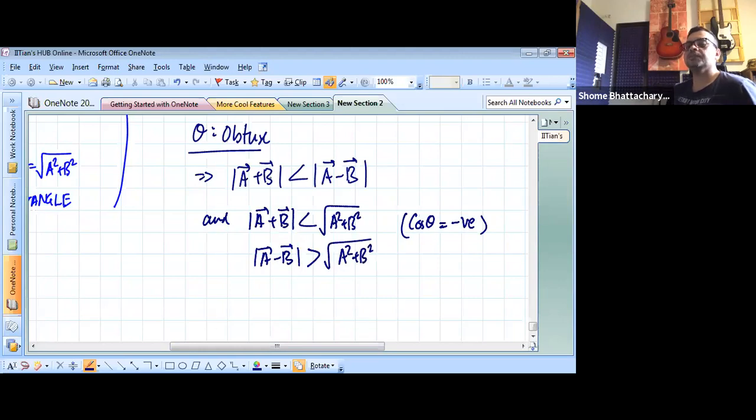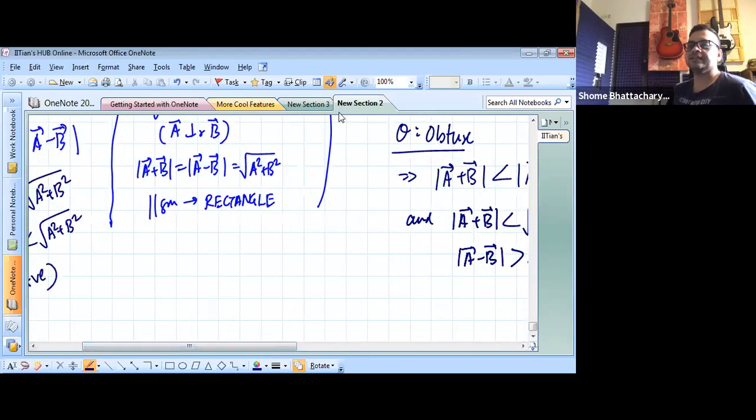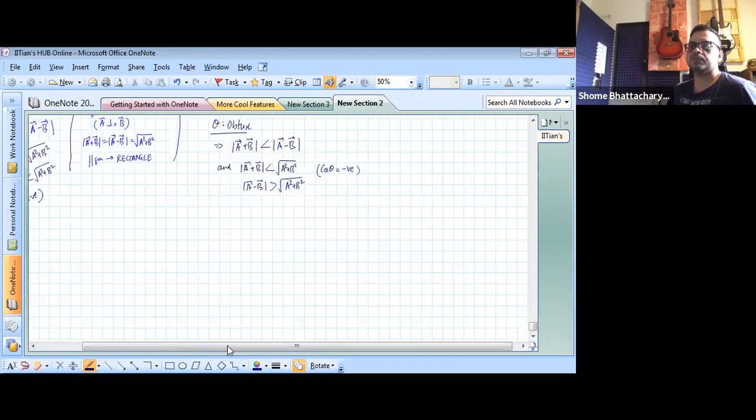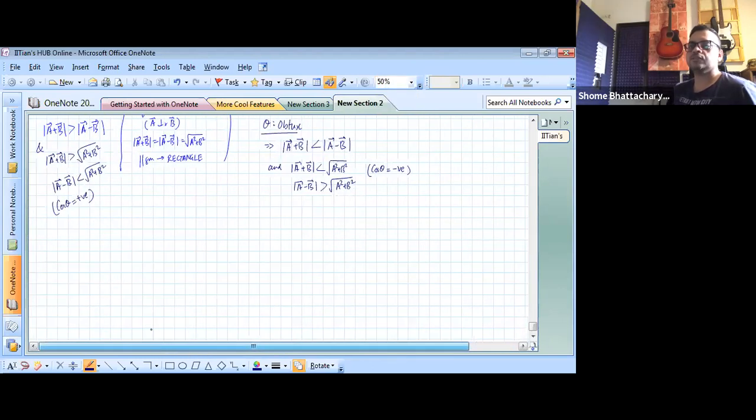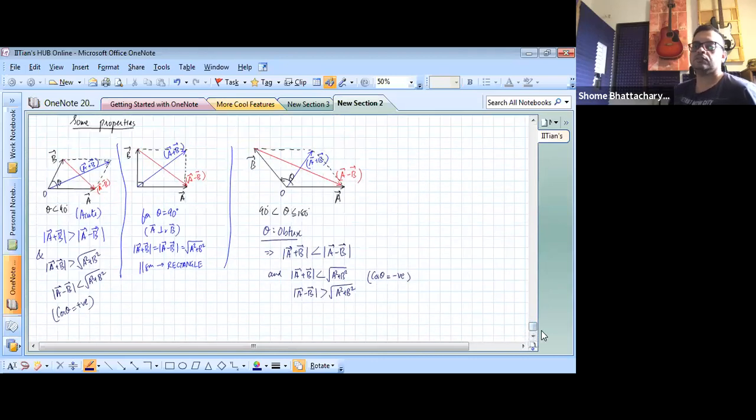So not only is A plus B less than A minus B, A plus B's magnitude is less than root of A square plus B square, and A minus B's magnitude is greater than root of A square plus B square. Whereas when it's 90 degrees, they are both equal, and that equal value is how much? Root of A square plus B square. So you additionally also have the comparison of these terms with respect to root of A square plus B square in the case where it's acute, in the case where it's obtuse, and in the case where they are perfectly perpendicular. This is part of this property.